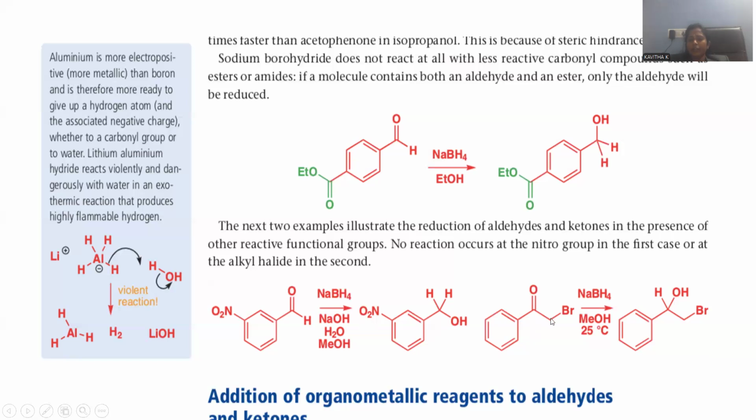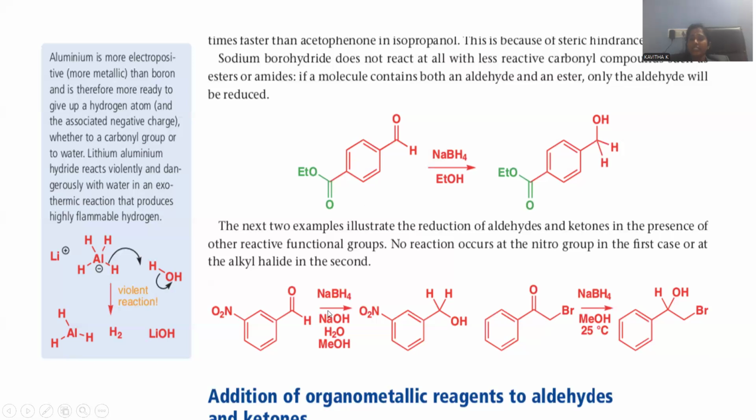And another compound you are taking, this is a kind of C double bond O CH2Br. There is ambiguity, competing factors. One is carbonyl, another is bromo. If this is the case, carbonyl is selectively reduced by sodium borohydride. Bromide will not be reduced by means of sodium borohydride.